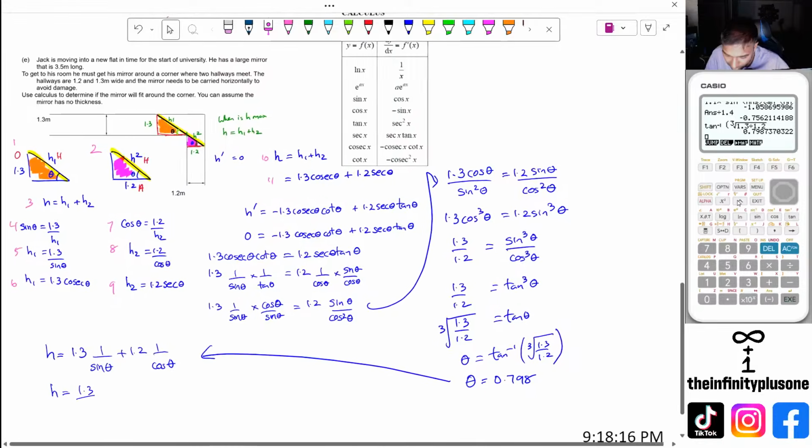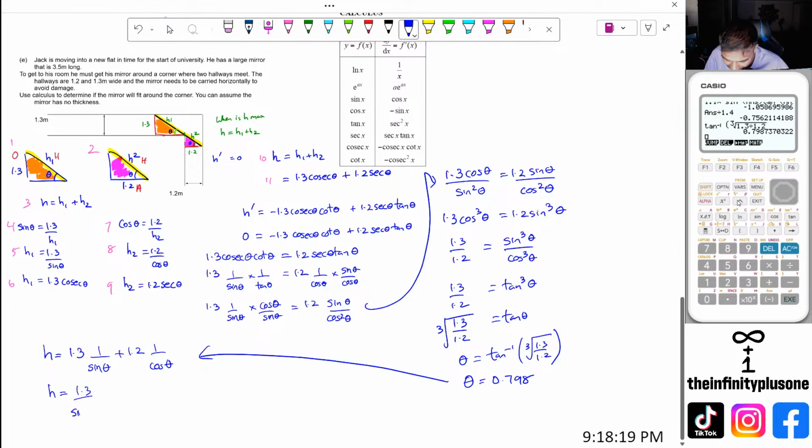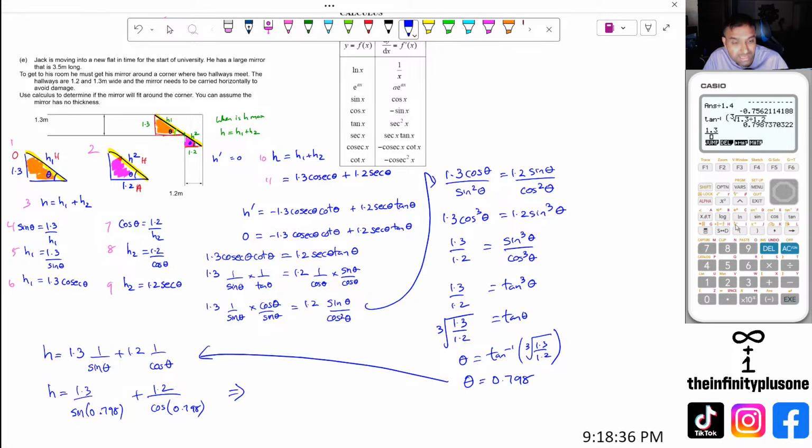That is 1.3 divided by sine of 0.798 plus 1.2 divided by cos of 0.798, and that is going to give me the answer I'm looking for. There we go, team. We're getting H is equal to 3.534. Yes, the mirror will fit.